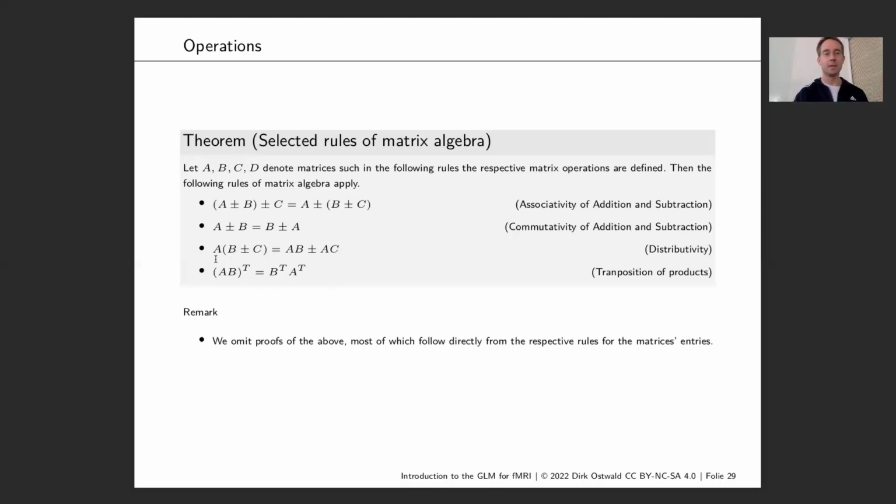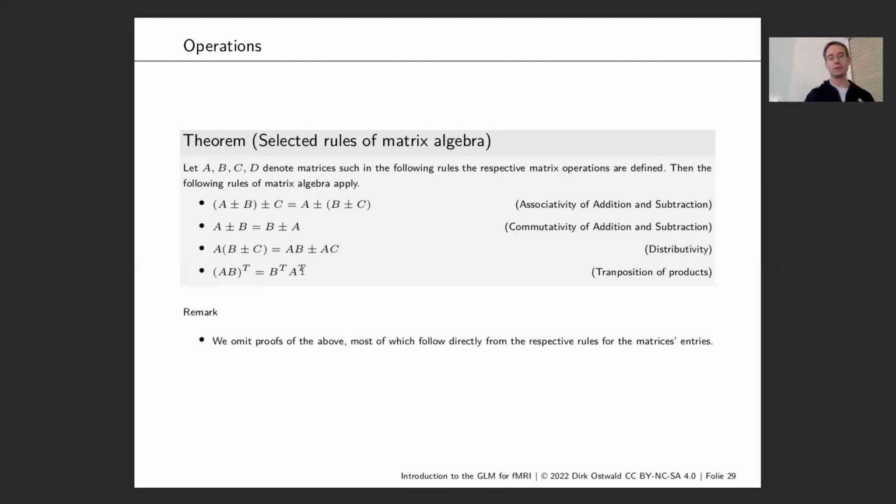One thing that we will see a couple of times is that if you multiply two matrices, A times B, and you consider the transpose of this product, that's the same as the product of the transpose of B and the transpose of A. And the order here switches. So AB becomes BA, and both of them are transposed. You would have to write down a little bit more to actually show that.